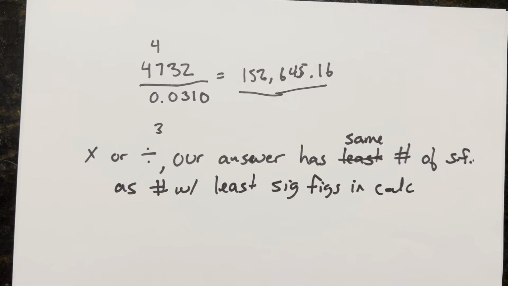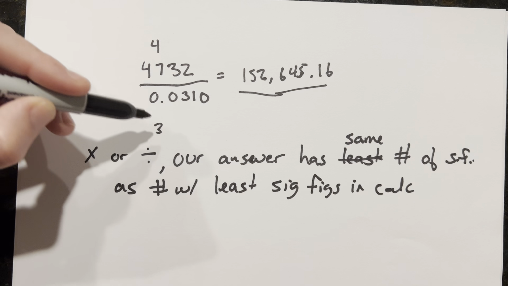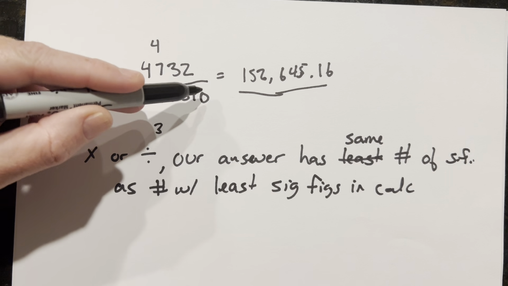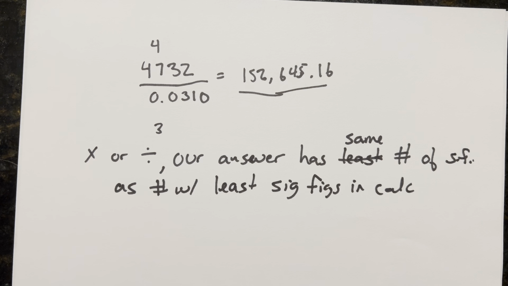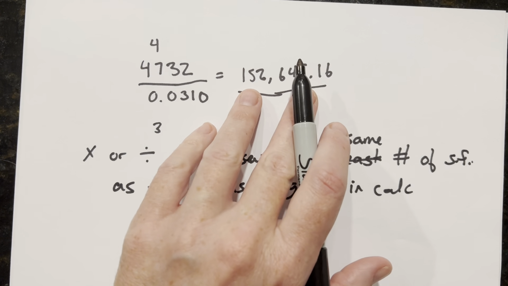Okay, so our answer is going to have the same number of sig figs as the number with the least number of sig figs in the calculation. All right, so this one had 4, this one had 3. Remember, zeros after numbers do count as long as there's a decimal somewhere in that number. So we know that this answer needs to have 3.